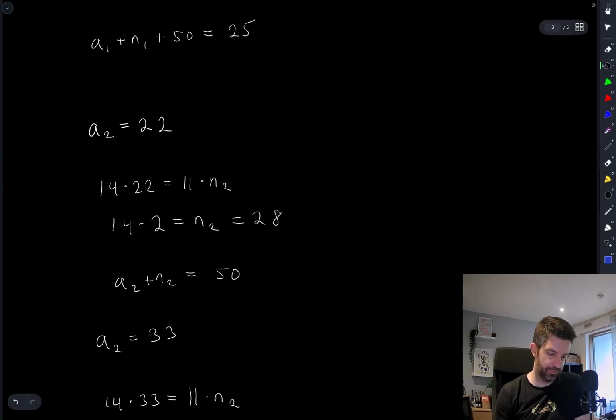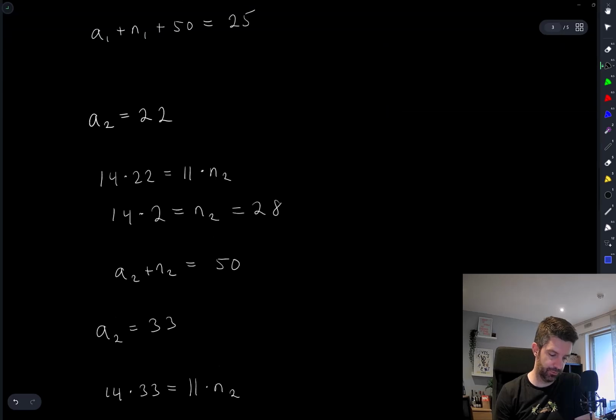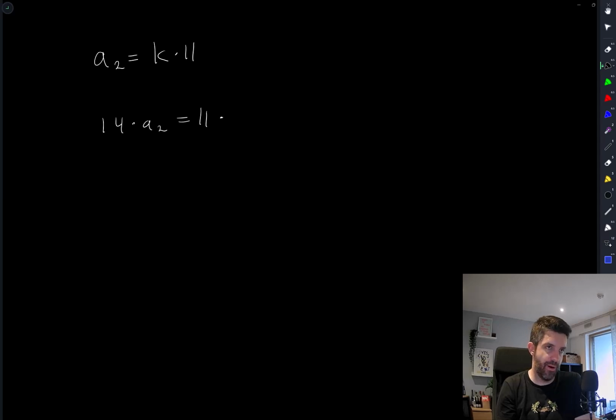Well, let's do it like this. Let's do it in the general case. A2 is a constant times 11, and I have 14 times A2 is equal to 11 times N2. So 14k is equal to N2.